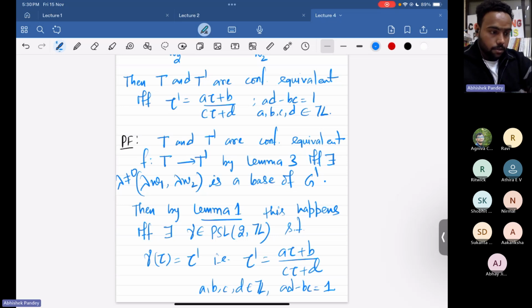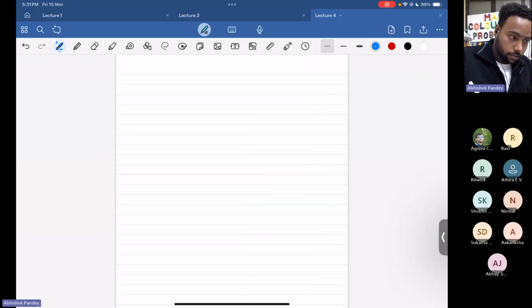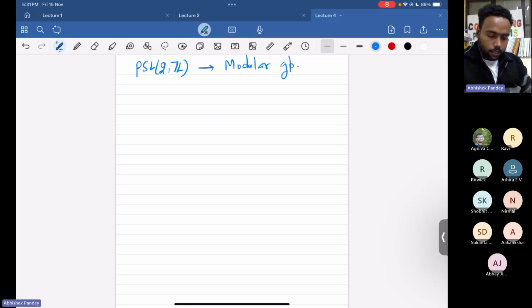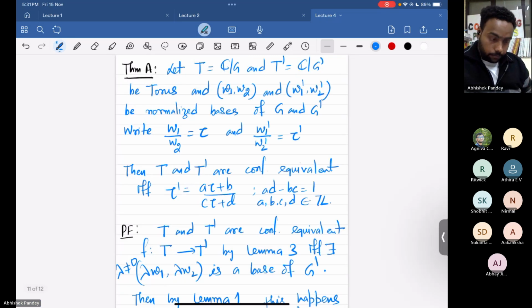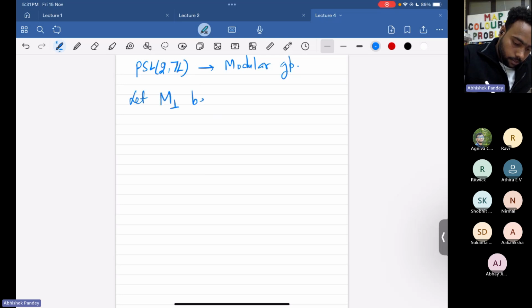Let me mention some remark. Let's go back to this one. So basically this group PSL2Z, we call such group as modular group. Let us denote M1 be the modular space of tori.